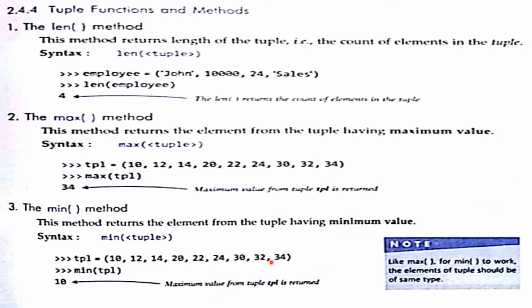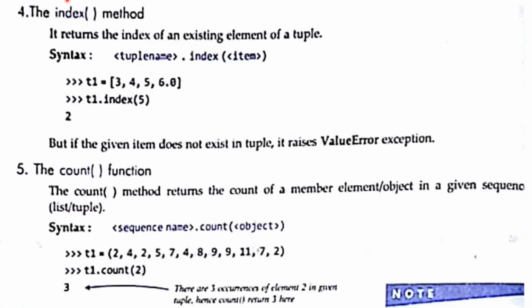The same way the minimum method will give you the least value, the smallest element given in the tuple. Next is the index method. It returns the index of an existing element of a tuple. The syntax is tuple name dot index and the item you want to know the index value of. So for a given tuple, if you write t1.index(5), 5 is the element whose index value you want to know.